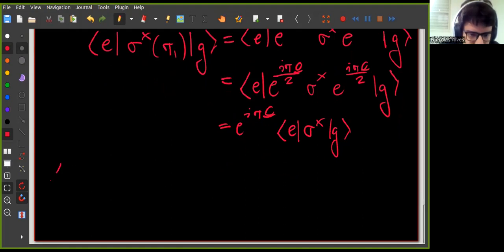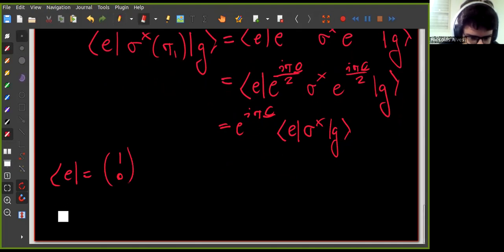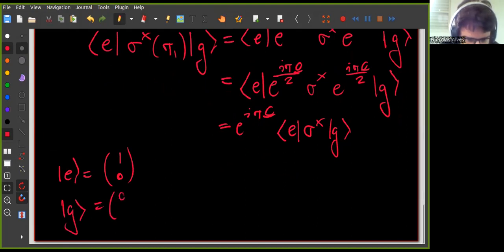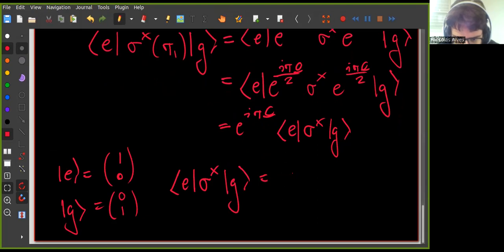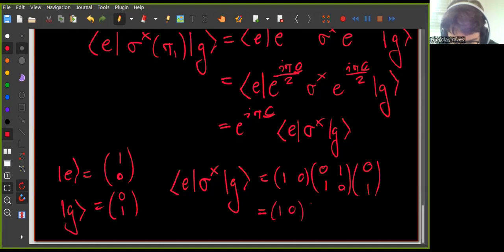Now, we know that E can be represented as 1, 0, G can be represented as 0, 1, and hence E sigma x G equals 1, 0 times sigma x times 0, 1, which is going to give us 1.